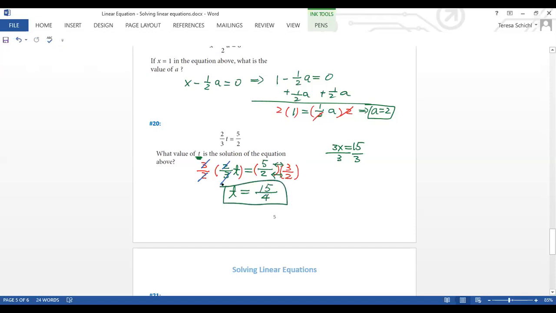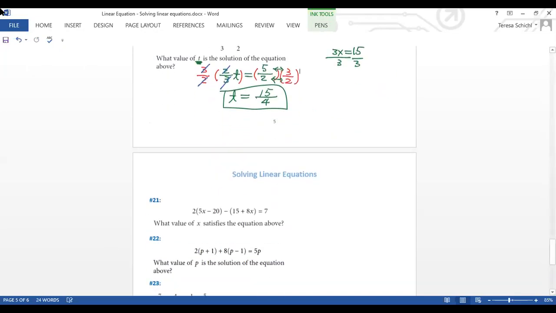So it's 15 over 4 here. It's pretty straightforward. So the purpose of this problem is to test whether you can use the reciprocal of the fraction to simplify it, all right? Okay, now let's take a look at the next one here.